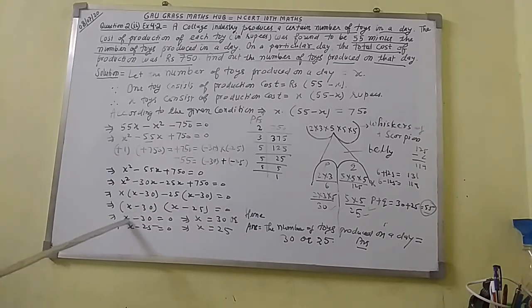This implies that x equal to 30. Similarly, x minus 25 equal to 0 gives x equal to 25. Here you have got the value of x equal to 30 or the value of x equal to 25. Hence you can write the answer: the number of toys produced in a day is 30 or 25. That will be the correct answer of this word problem.